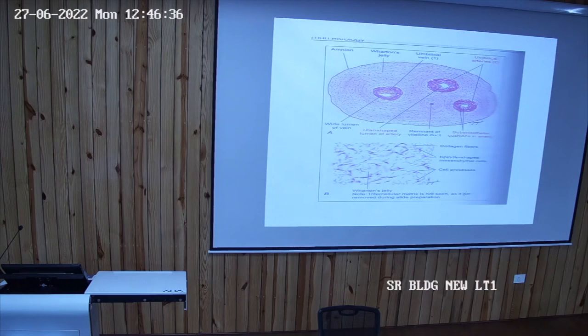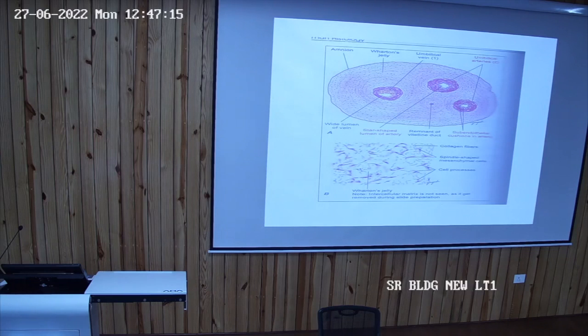When we focus the slide, you will see this picture: a large part is the connective tissue mass, which is called Wharton's jelly, a mucoid connective tissue mass. Because of this, it has the specialized name Wharton's jelly. Wharton's jelly is nothing but mucoid connective tissue mass. Lying in it, you will find one umbilical vein and two umbilical arteries.